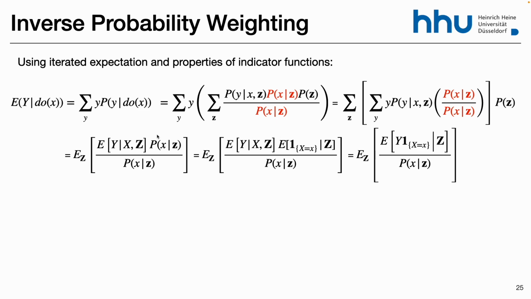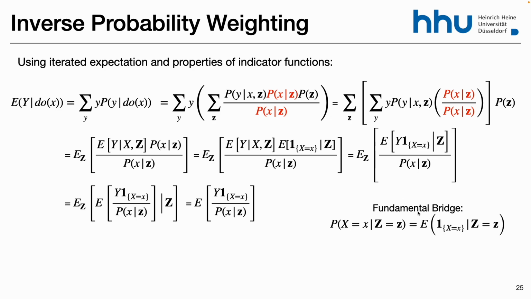But then I put it in terms of expectation. This part becomes the expectation of y given x and z, which you saw already, and the part outside the brackets is the expectation of this function over z. So that's the expectation over z.